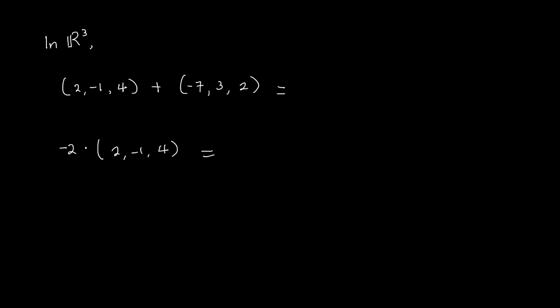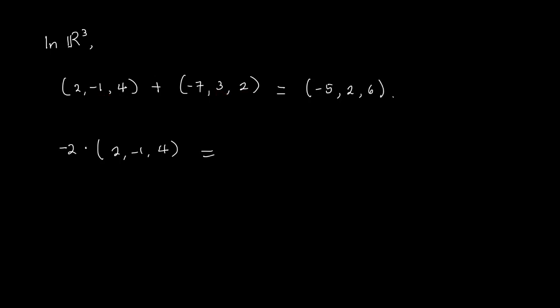As an example, if we want to add the vectors in R3, (2, -1, 4) and (-7, 3, 2), we do this component-wise, meaning to say 2 plus negative 7 is negative 5, then negative 1 plus 3 is 2, and then 4 plus 2 is 6.